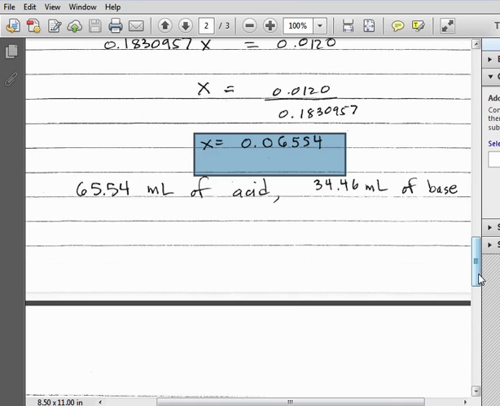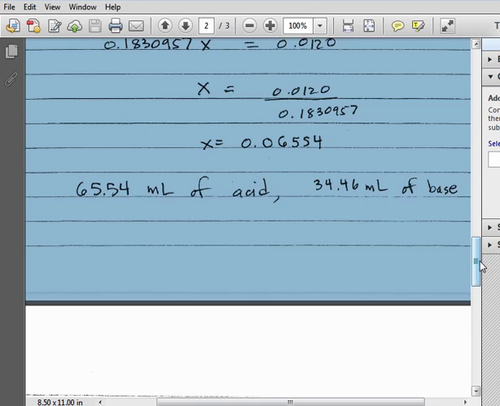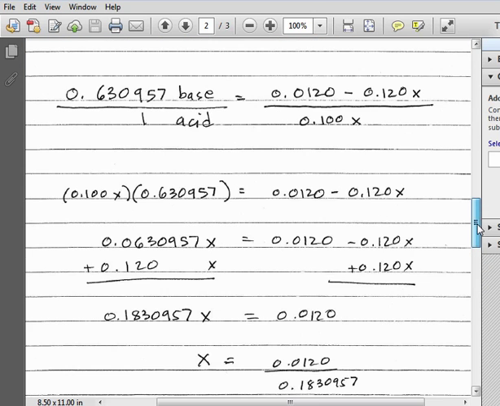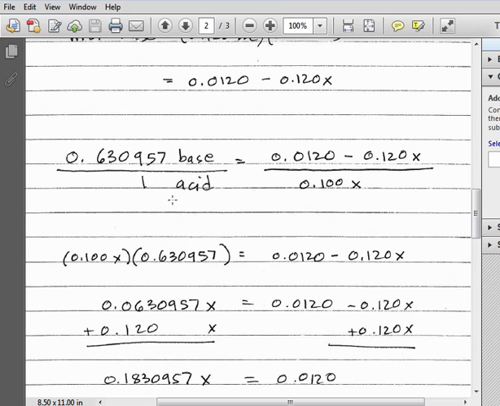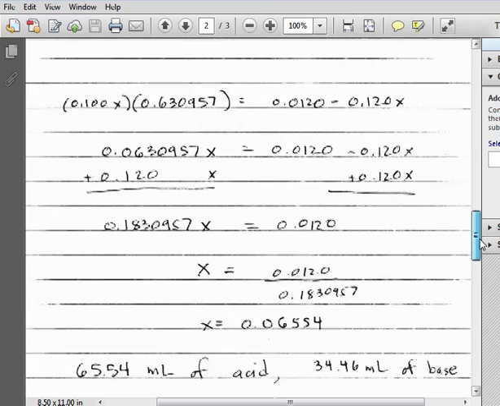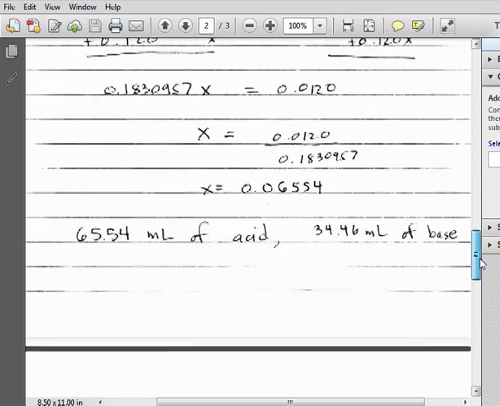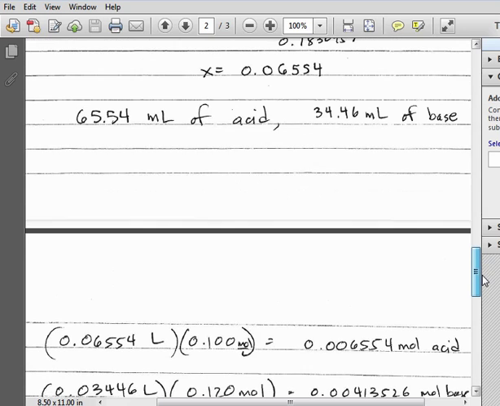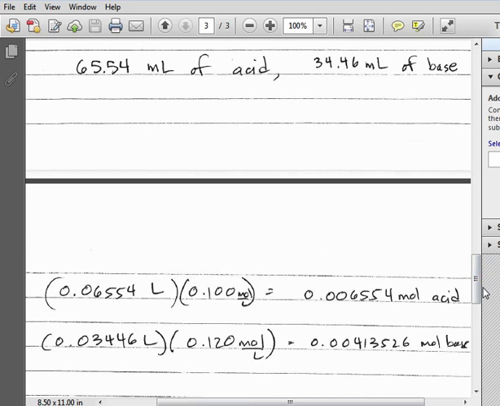Now, I want to be sure and check my answer. I know that my ratio of base to acid has to be this, and I know my molarity of both my acid and base solution. So I am going to check to make sure that this works out. If I have 65.54 milliliters of acid, that's this many moles when I multiply it by its molarity. This is how many moles of acid I would have.